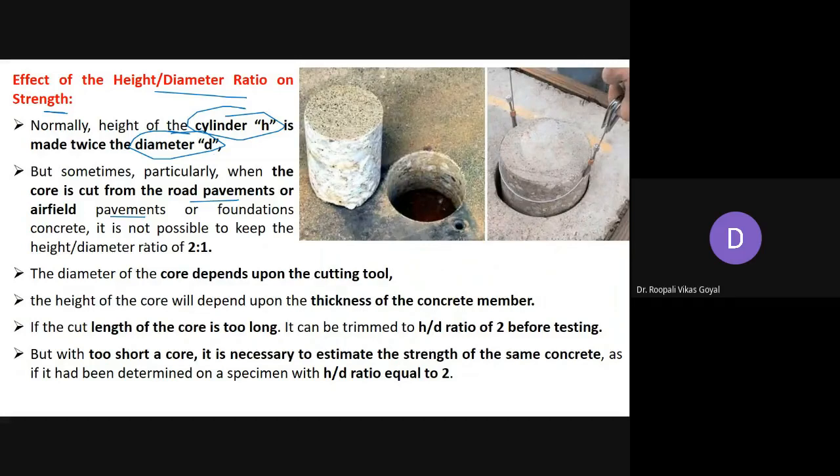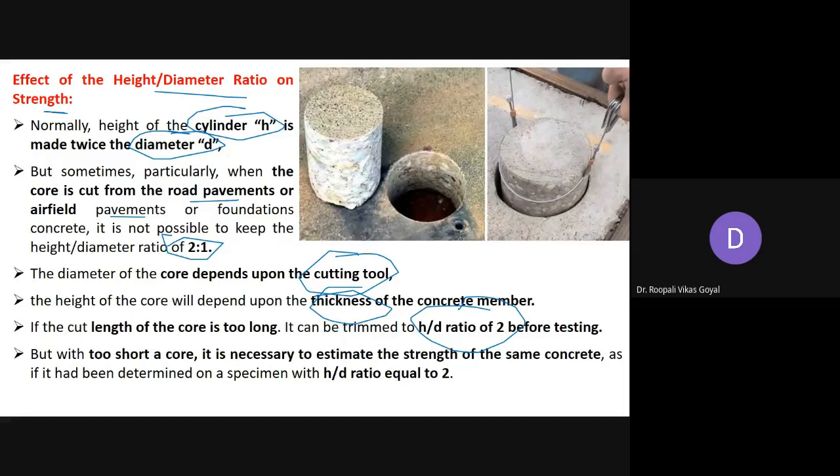And the diameter of the core also depends upon the cutting tool as well as the thickness of the concrete member. And sometimes it may be possible that you cannot maintain it, but just try to maintain this h upon d ratio as 2, because it is nearly giving relative strength 1.